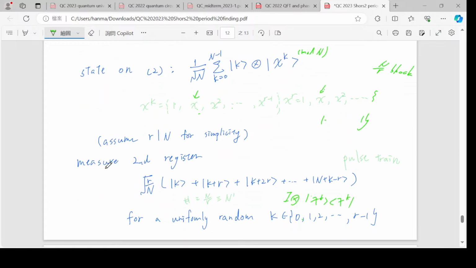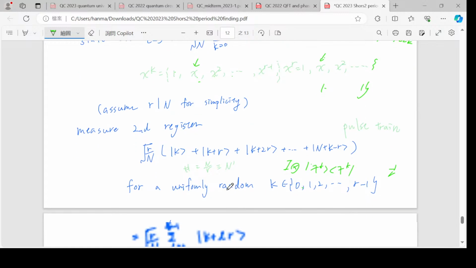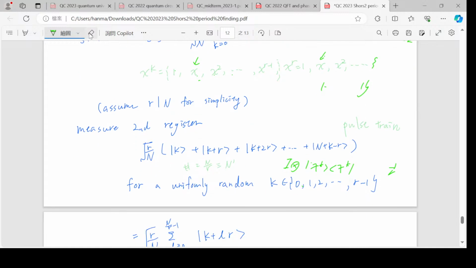This can also be seen because the probability of getting each of those is 1 over r. So you normalize away this 1 over r probability, and you get a square root r factor up here. So the normalization is 1 over square root of n over r. That's nice.